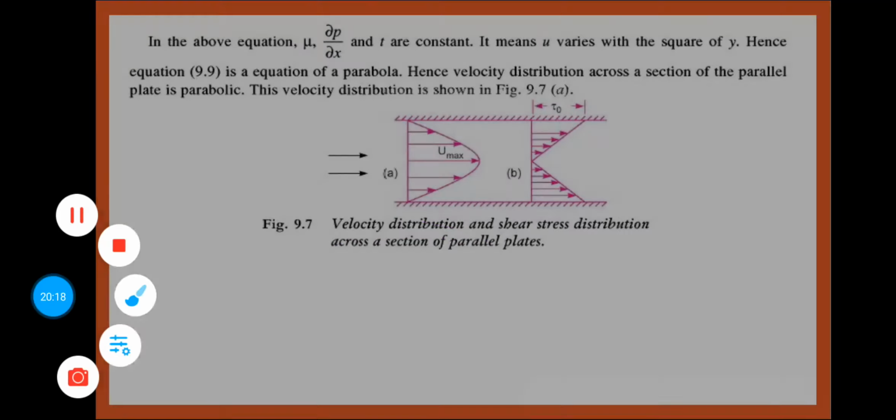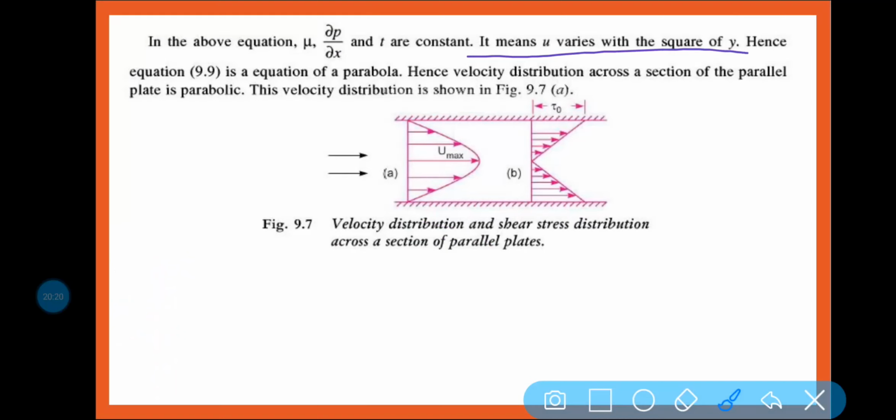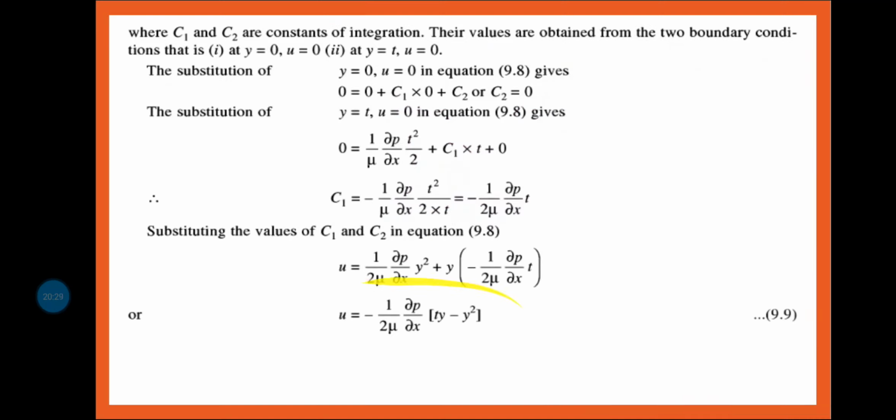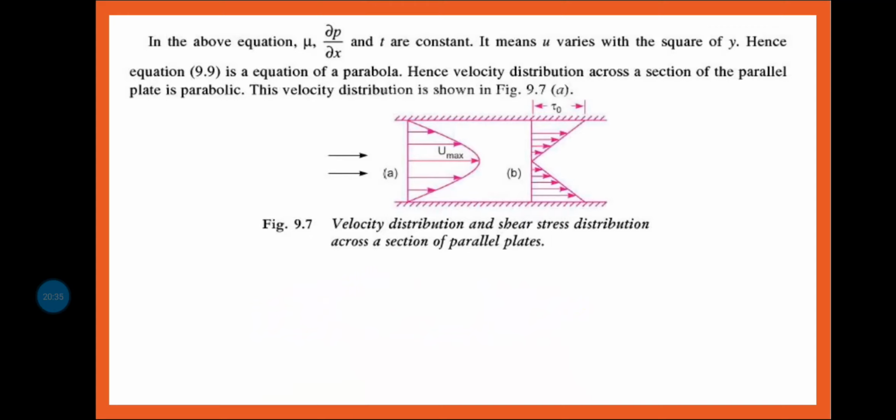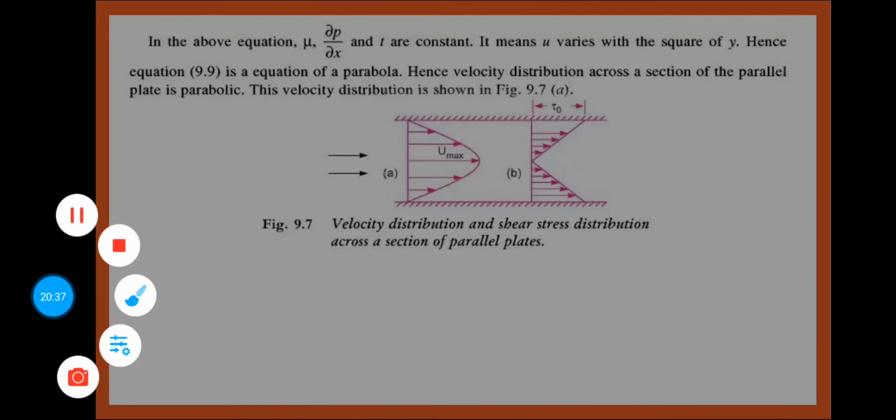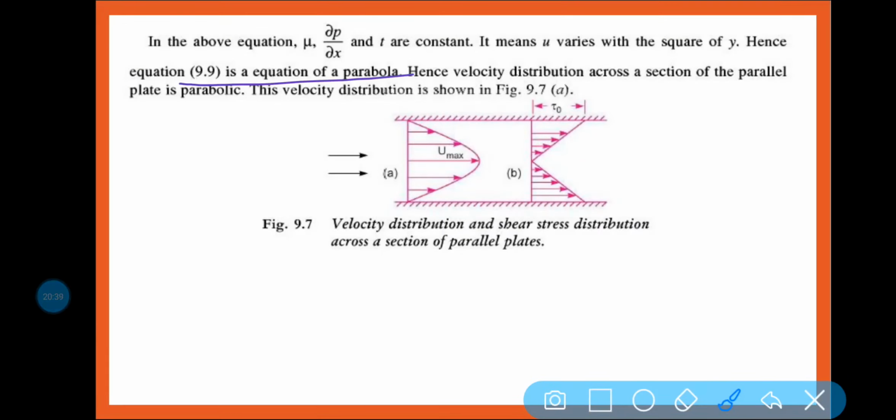It means the velocity u varies with the square of y, because that is the formula we have got. With the square of y it is varying. Am I right? Hence equation 9.9 is the equation of a parabola, because y square is equal to 4ax.